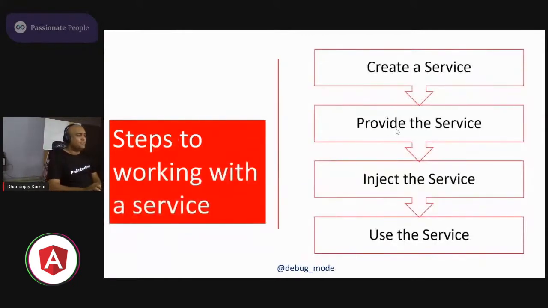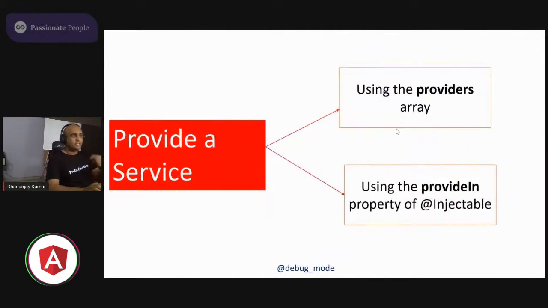All right, so these are the steps to create a service. You create a service, you provide a service, you inject the service, and you use the service. You can create a service using Angular CLI, and you can provide a service in these two ways. You can provide a service inside a providers array. A module has a providers array, a component has a providers array, or you can provide a service using the providedIn property.